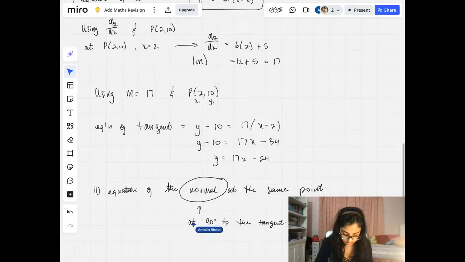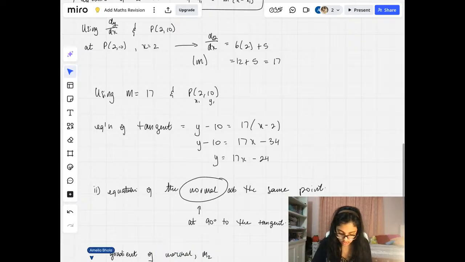So the gradient of the normal at the point, let's call this m2, is equal to negative 1 over m1, which is the gradient of the tangent. Negative 1 over 17.